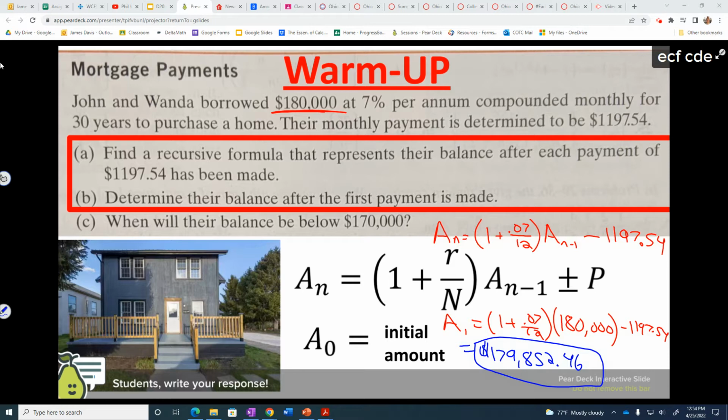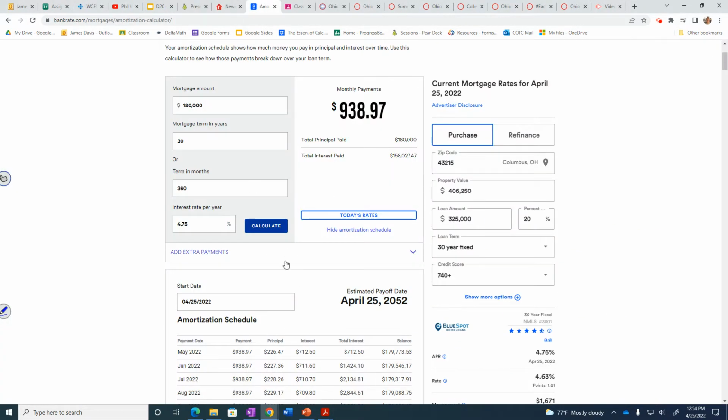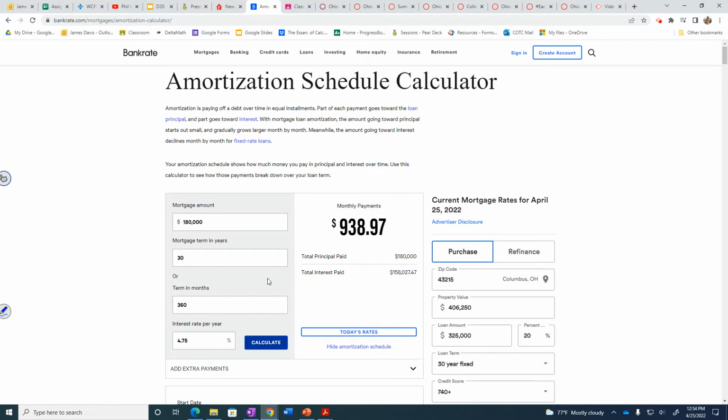So this is how interest works with a big home loan, and this actually isn't that big of a home loan. They're making a lot of money off of you here, and I want to show you this. We talked about amortization the other day, and this is a hypothetical, the same $180,000.